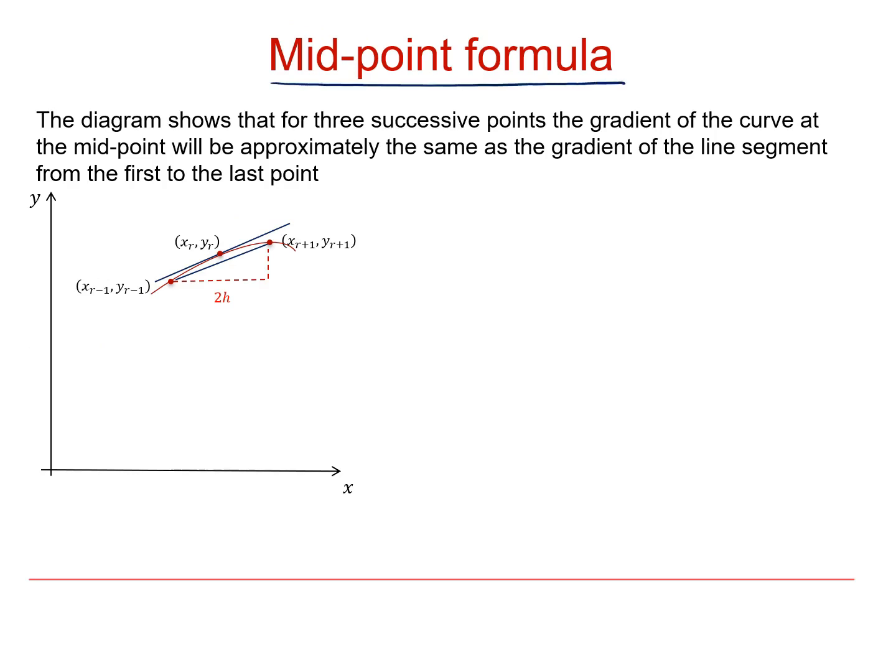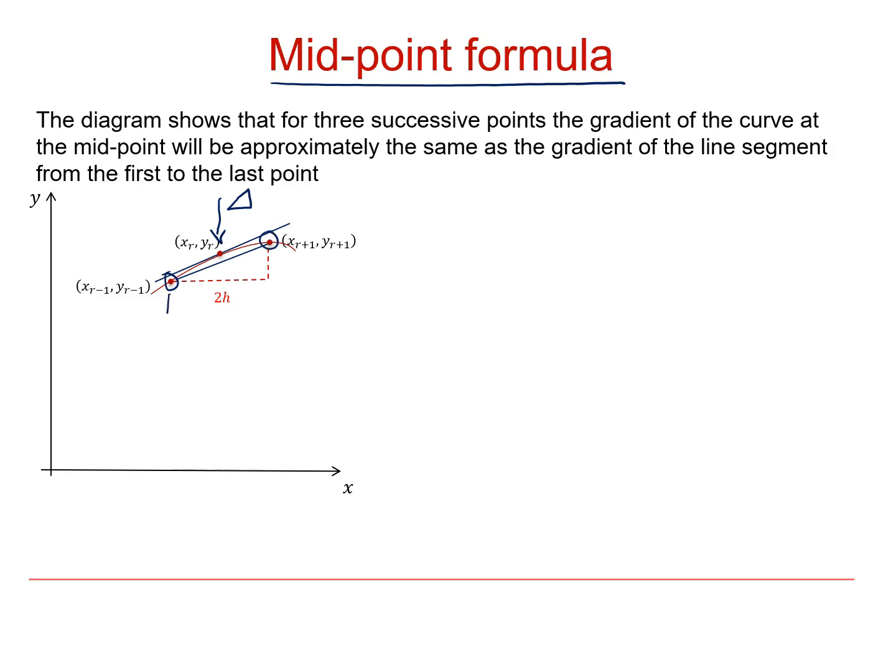The midpoint formula is a way of generating a gradient to extrapolate from one point to another in a slightly different fashion, and quite often more accurately than Euler's formula. So on the diagram, we're going to look for the gradient at a midpoint and use that gradient as being the average gradient between our previous point, xr minus 1, yr minus 1, up to xr plus 1, yr plus 1.